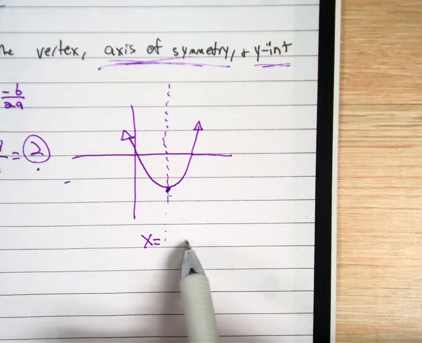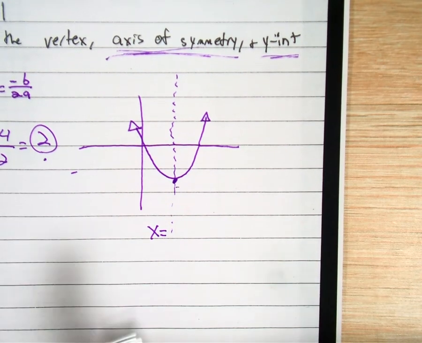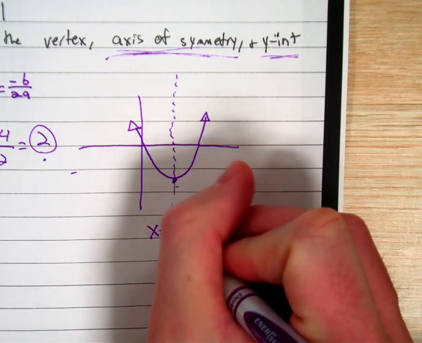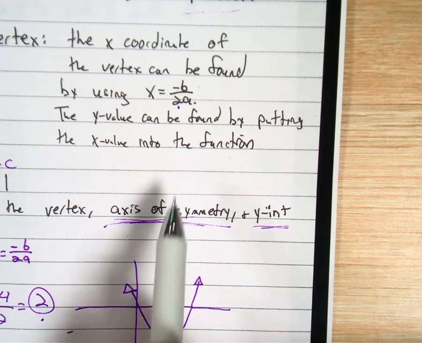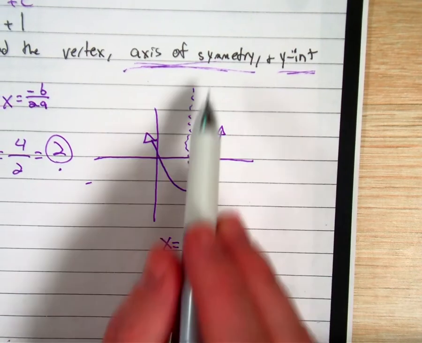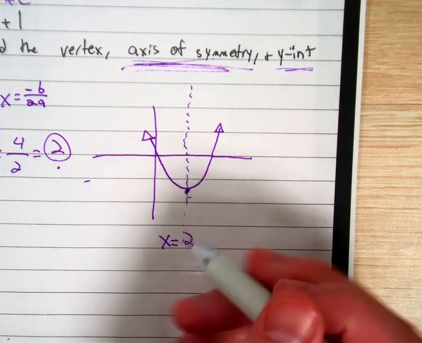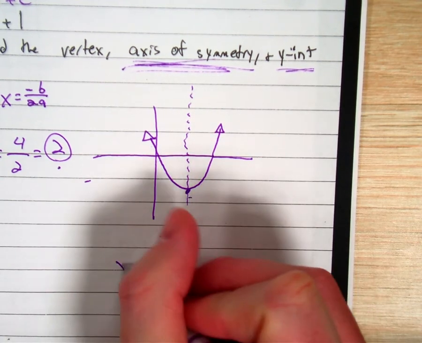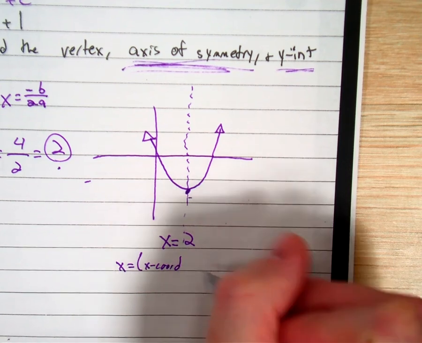A vertical line is going to be x equals, so it's always x equals the x-coordinate of our vertex. So x equals 2, the x-coordinate of our vertex 2 comma negative 3. So that's how we get the axis of symmetry: x equals the x-coordinate from the vertex.